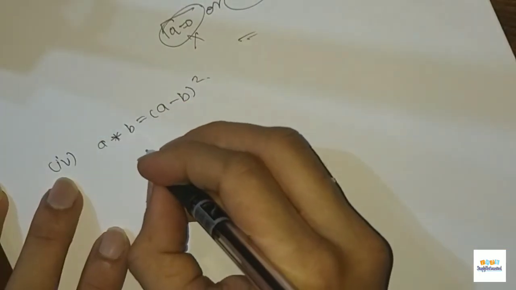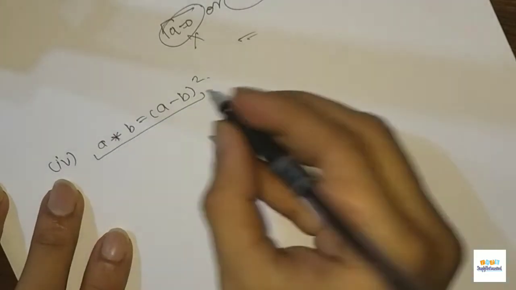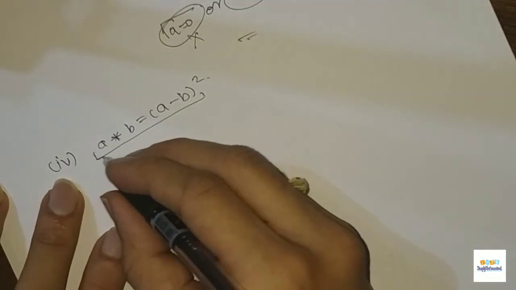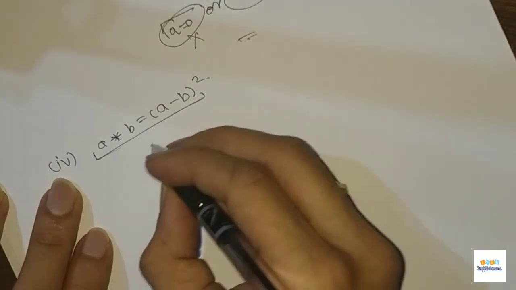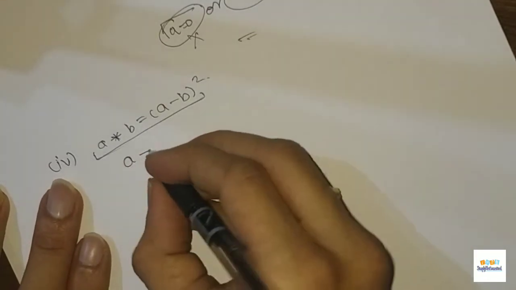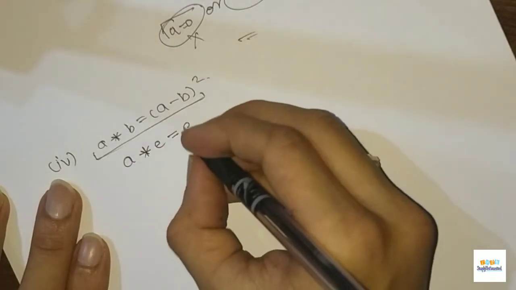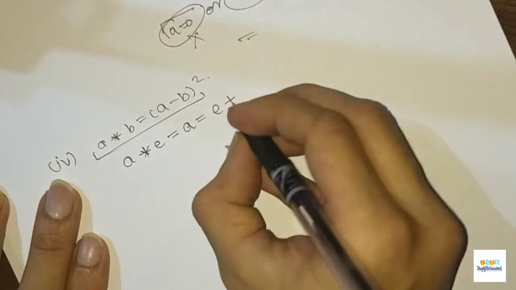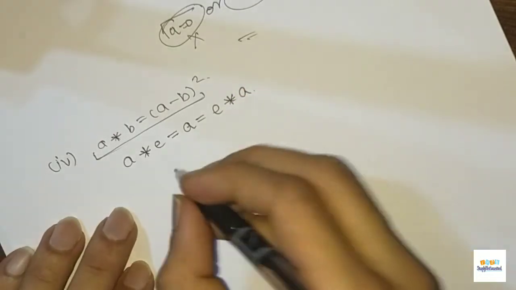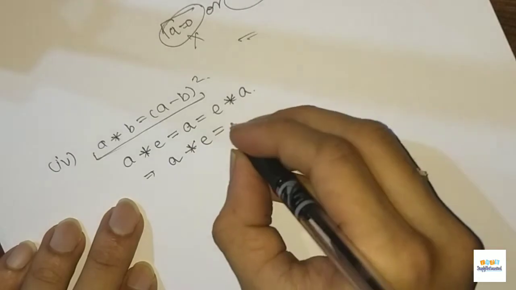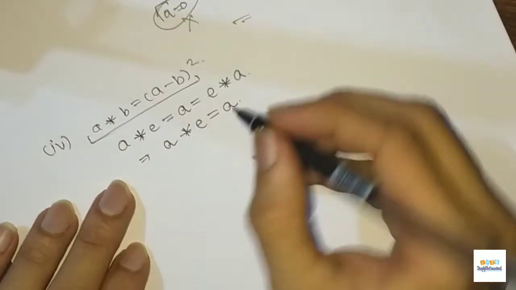Okay, so if we check if there exists an identity element e for this operation star, what we should check? a star e should be equal to a, which is equal to e star a, right? So if we take the left hand side, it is a star e equal to a, right?